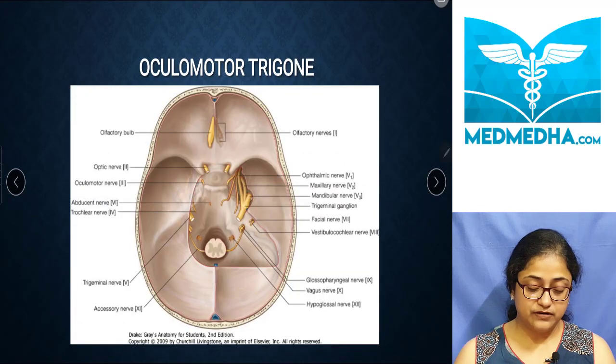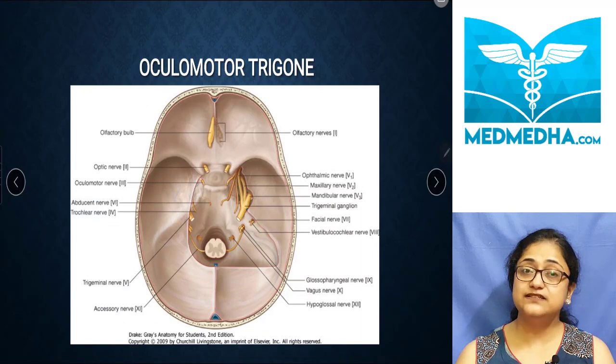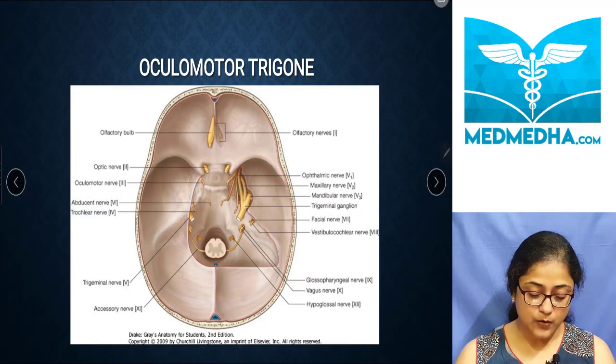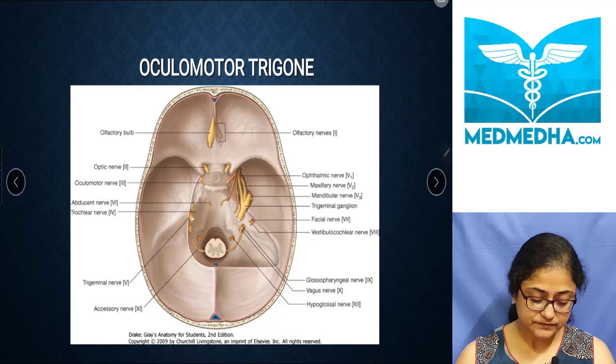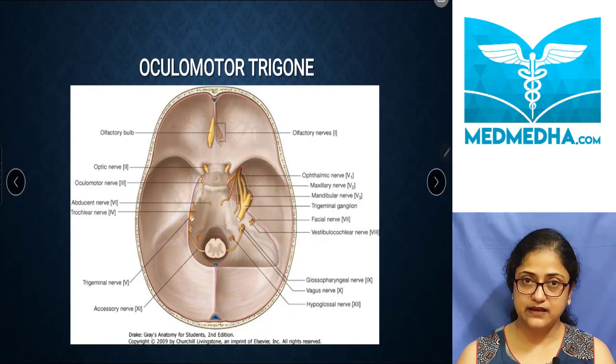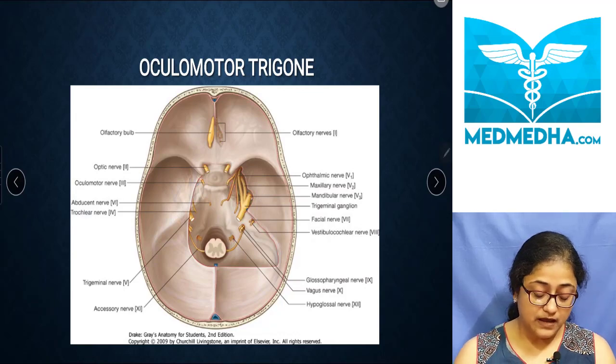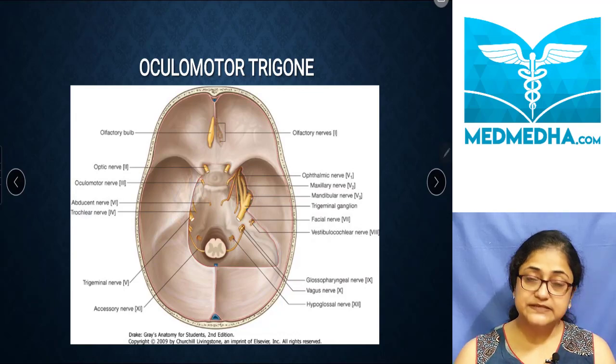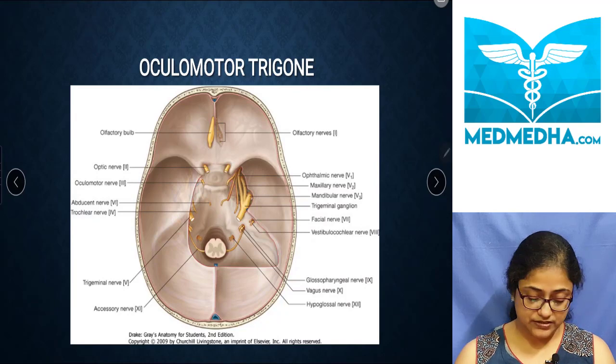Now, next, here in this picture you can see the base of the skull with a dural sheet. This dural sheet that you can see, this side has been cut out, but the other side you can see, this dural sheet is the tentorium cerebelli. And this tentorium cerebelli has two margins.